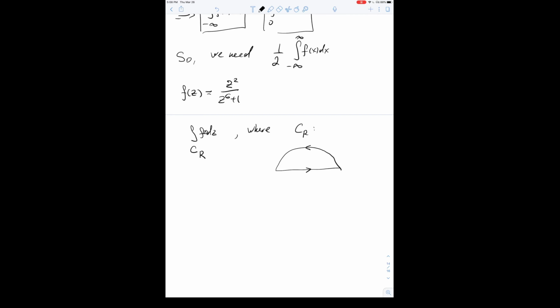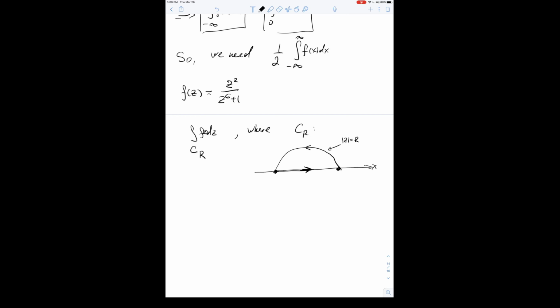Okay, so this is a circle of radius R only above the real axis. So we go counterclockwise, and then as soon as we hit the x-axis, we return to this point via this horizontal path. So C_R consists of two parts, and remember that we worked hard to explain why we can integrate over these not always differentiable curves.